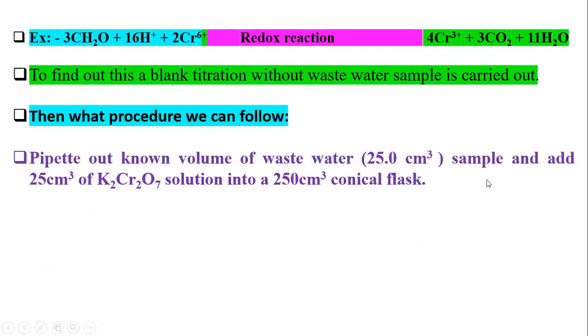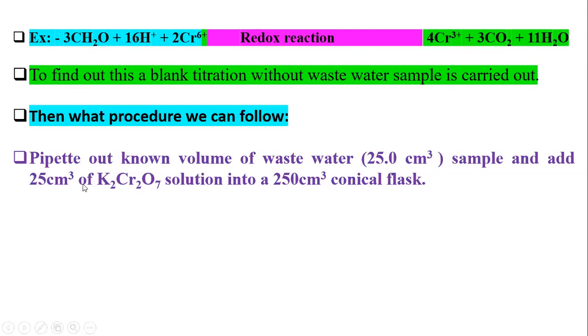Take 25 cm cube of sample and add 25 cm cube of K2Cr2O7 into a 250 cm cube conical flask.